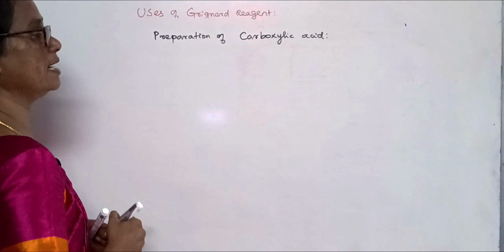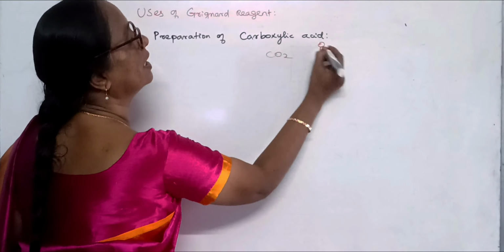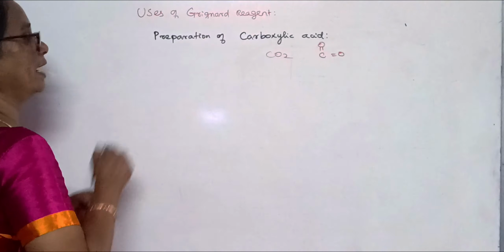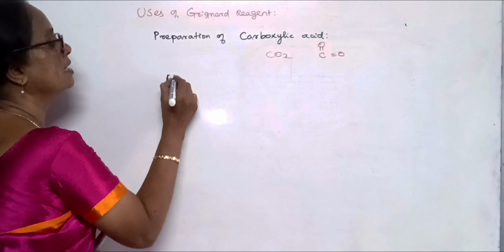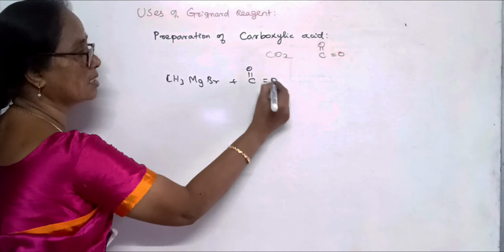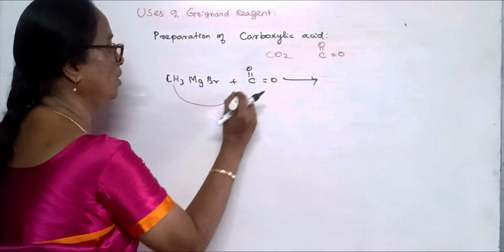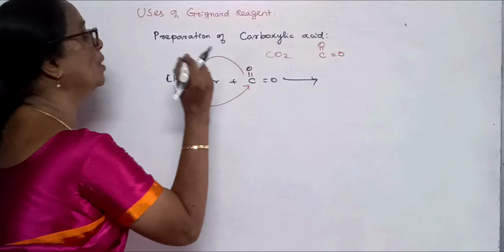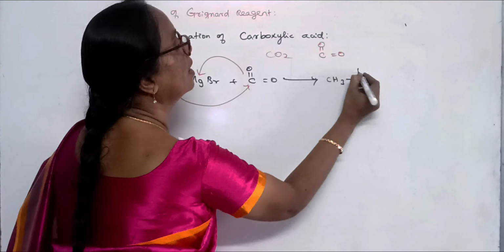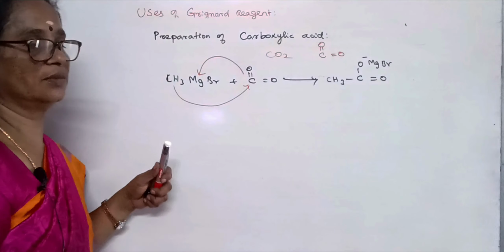Preparation of carboxylic acid, for which we need only carbon dioxide. The structure of carbon dioxide is O=C=O, to which we add alkyl magnesium halide, say CH3MgBr plus carbon dioxide. This gives rise to the nucleophilic addition of CH3 to this carbon, and one of the double bonds goes with the metal, so that makes CH3CO-O-MgBr.